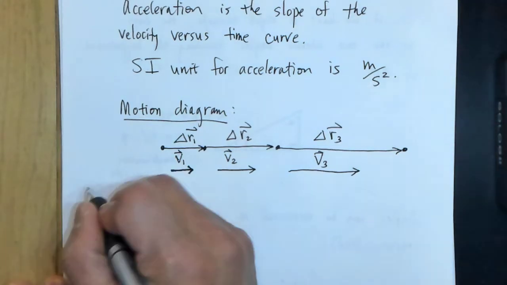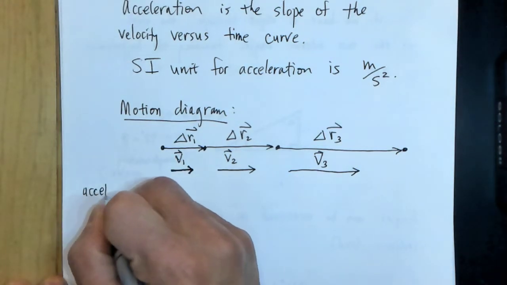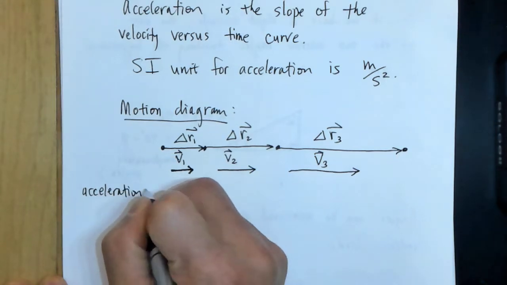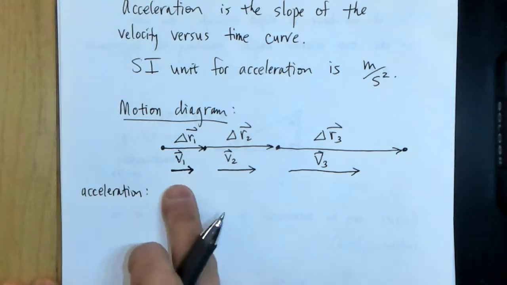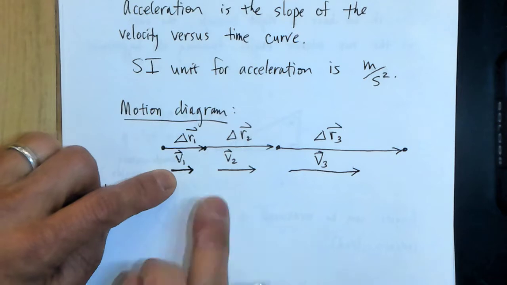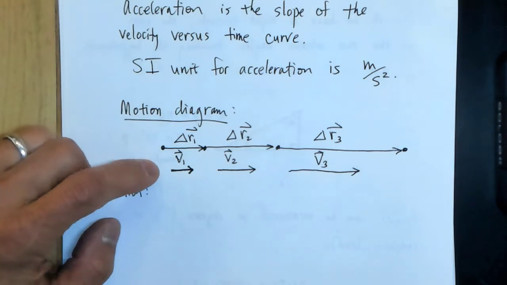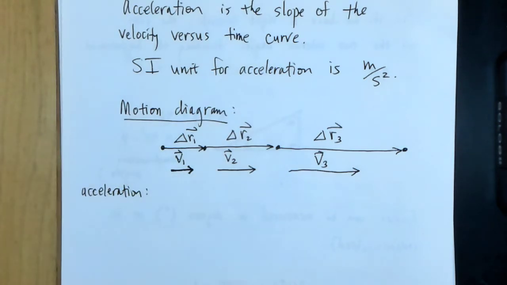Now if I want to go one step further, what does the acceleration look like? Well, the velocity is pointing to the right, and it's getting bigger, right? So which way is the acceleration pointing? Pointing that way. If you think of this as the positive direction, then the velocities are all positive, but the numbers for the velocities get bigger.